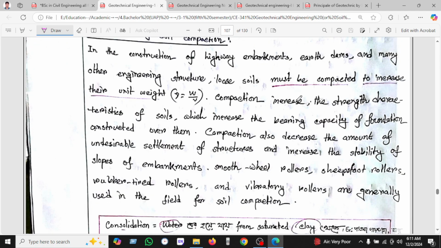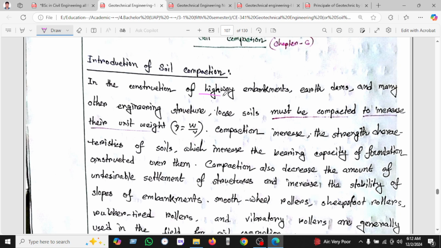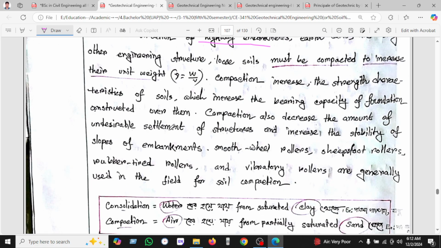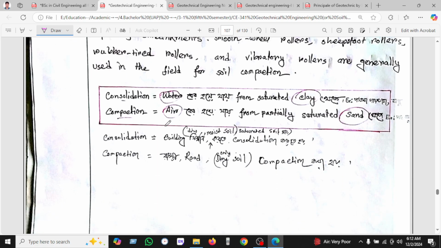So we know the soil must be compacted in order to increase the unit weight. In the construction of highway embankments, earth dams, and other engineering structures, loose soil must be compacted. So here is the difference between consolidation and compaction.